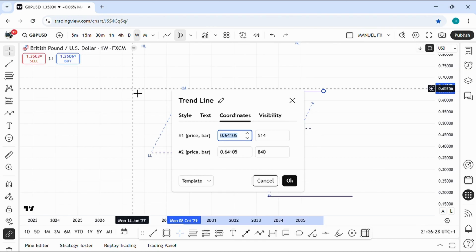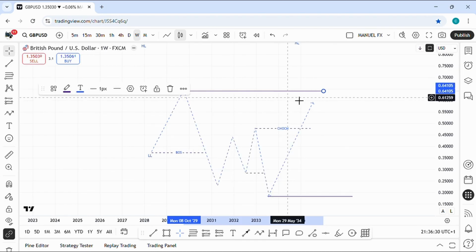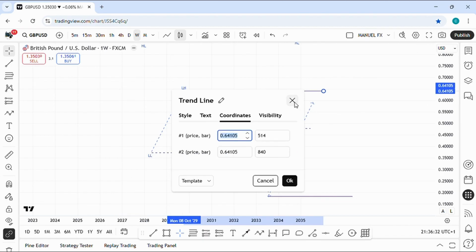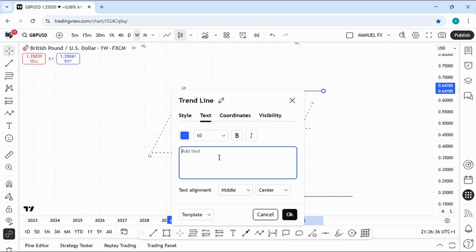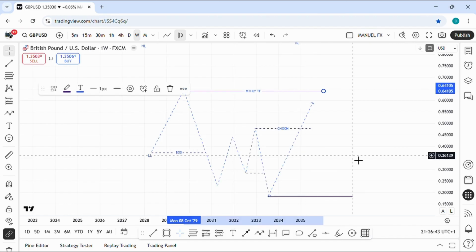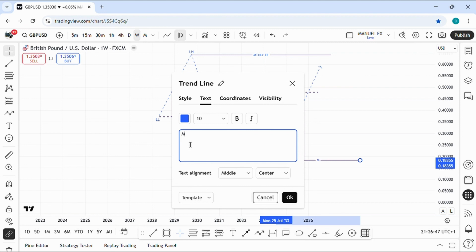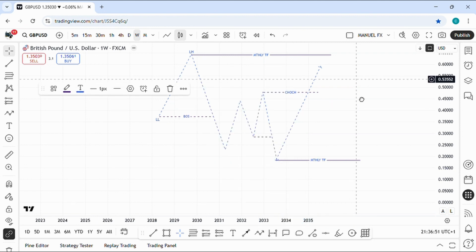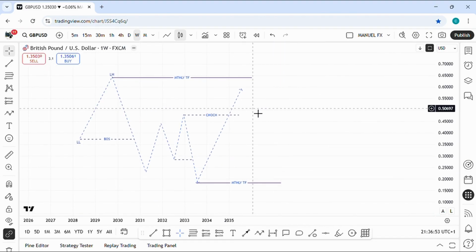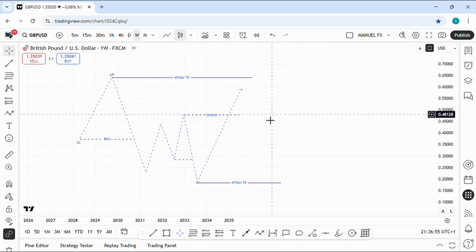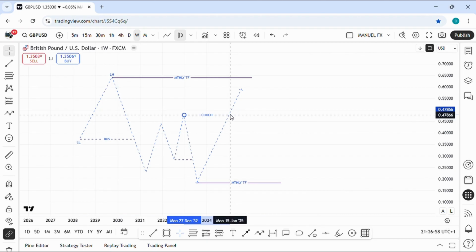Yes, this is the monthly time frame swing point. This is also a monthly time frame swing point, and this is also a monthly time frame swing point. This is how I move through time frames. I'm trying to show you all this in one multi-time frame analysis.